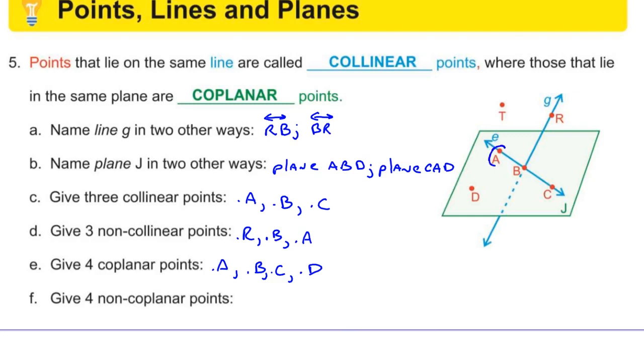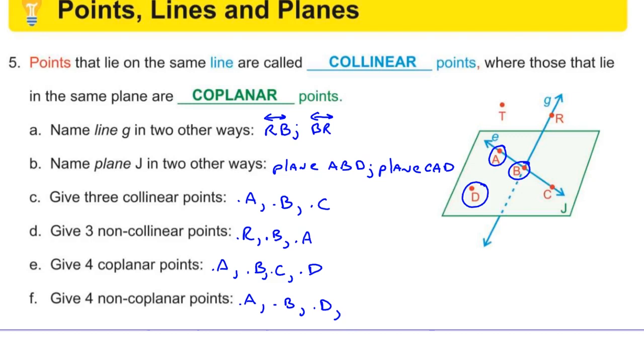So I'm going to go 1, 2. Now I don't want to do C. That would be wrong because they're all 3 on the same line. So I'm going to go 1, 2, 3. So I have point A, point B, point D. That establishes my plane.